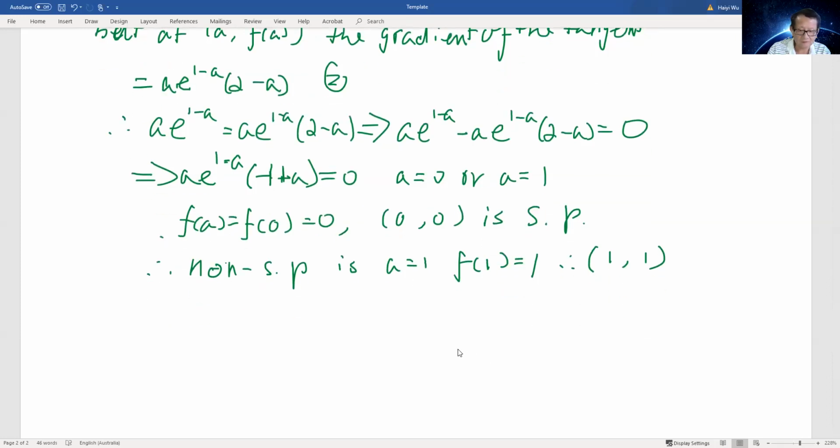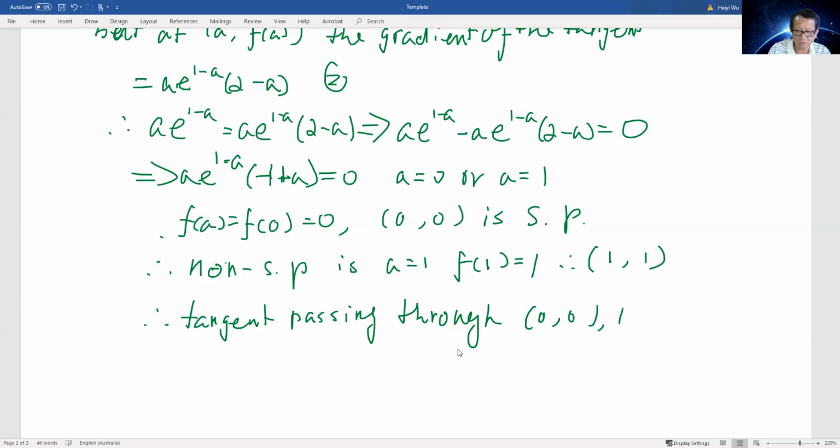So therefore, the tangent passing through the origin and (1, 1) is very easy to work out.